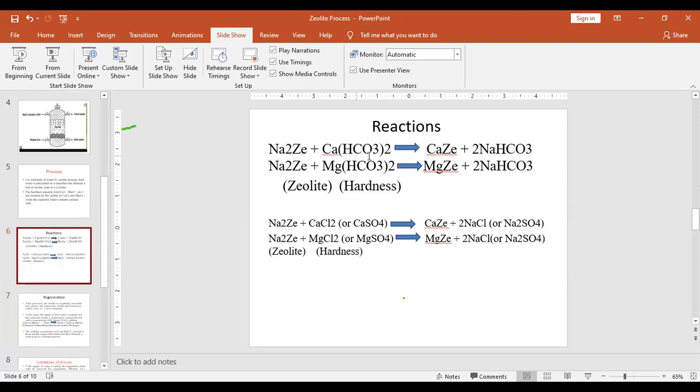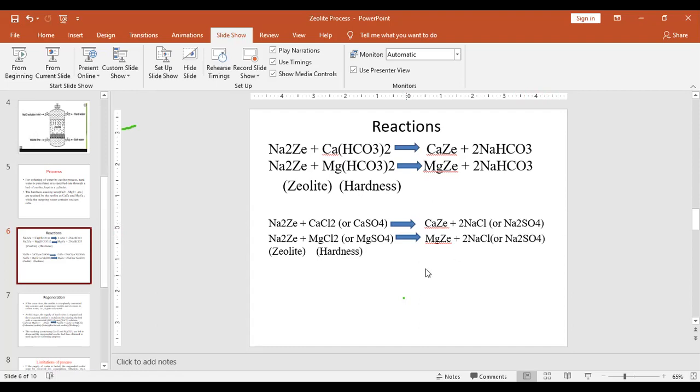So that is what reaction happens. Na2Ze plus Ca(HCO3)2, CaZe forms and NaHCO3 is released. Okay. So the same happens with magnesium, releasing MgZe. Okay. And when NaZe plus CaCl2 or CaSO4 reacts, then CaZe plus NaCl is released.